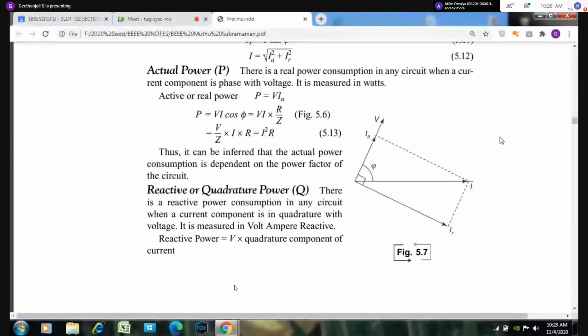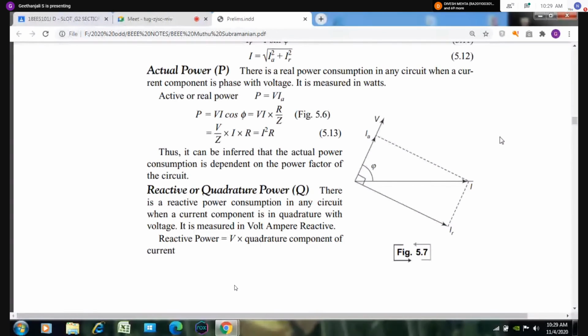One is the actual power, P. We know the current expressions IA and IR, and based on that we separate the power into three. The first is the actual power, represented by P, also called real power.